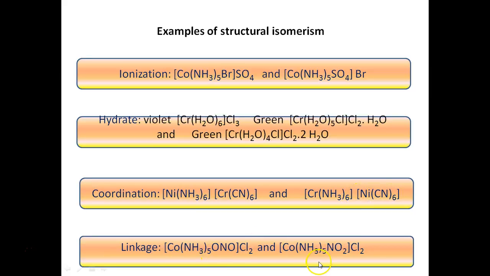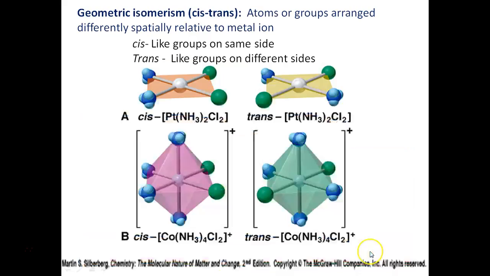Similarly, linkage isomerism takes place for an ambidentate ligand, which has the capability of donating to the metal through different donor sites. In nitrito, the ligand donates through oxygen, whereas the same molecule, when attached through nitrogen, is called nitro, so they are linkage isomers.